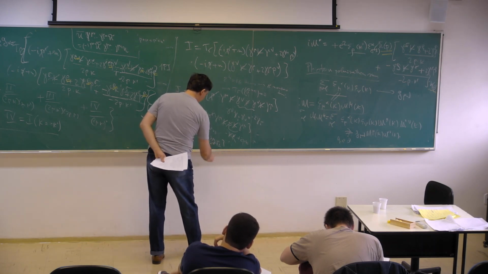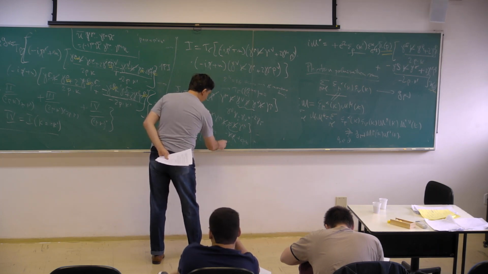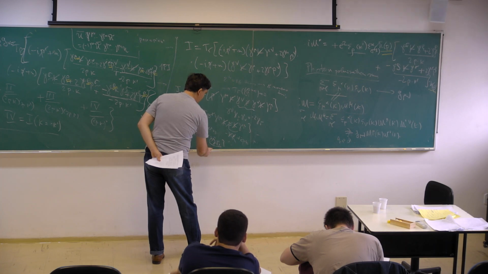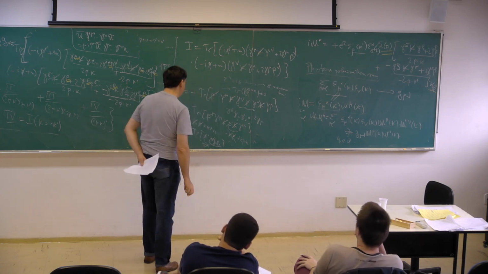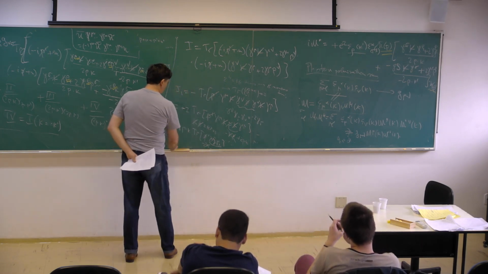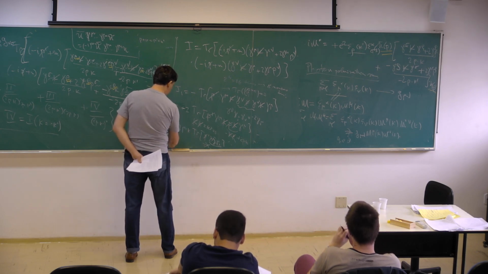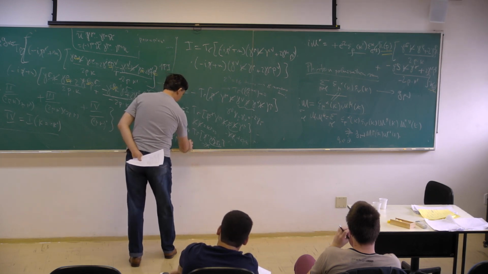And again, I can use the same relation I used here. So this is equal to minus 2 gamma nu. So this is minus 2 k slash. All right, so minus 2 times 2 times 2 is minus 8 pk trace p prime slash k slash.